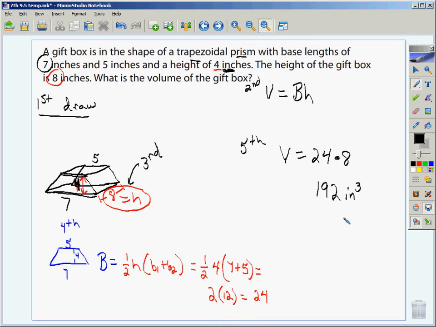All 3 dimensions, the length, the width, and the height. Everybody understand how to find the volume of this prism? Pretty good? I can go to the next page.